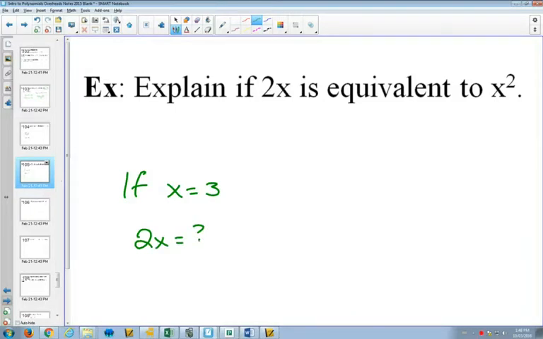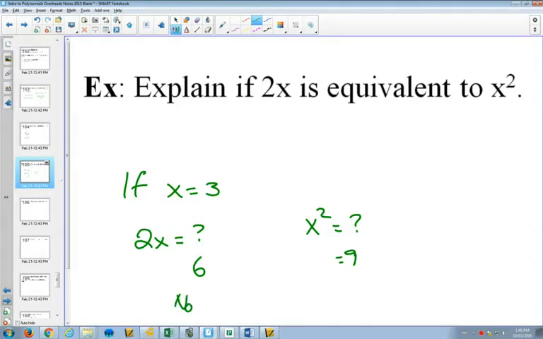If x is equal to 3, 2x is equal to 6. But if x is equal to 3, what is x squared equal to? 3 squared, which is 9. Are they the same? No.